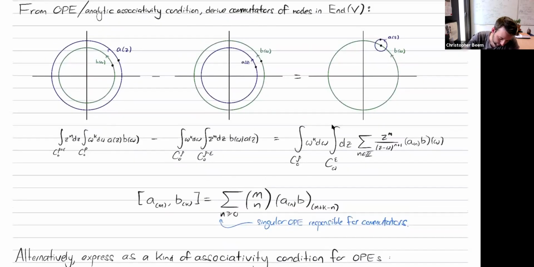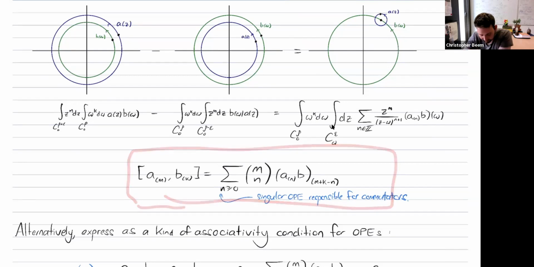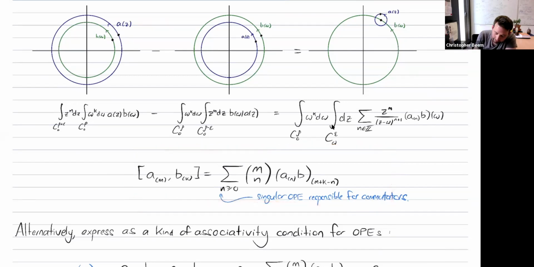If you plug in arbitrary powers of Z and W when you do this, and use the analytic associativity condition that I had earlier in the form of the OPE, you get this commutation relation, which says that commutators are dictated by the singularities in the OPE in this definite way. So you only have the sum over n greater than or equal to 0 of this quantity: a greater than or equal to 0 mode acting on B is giving you a singular term in the AB OPE.